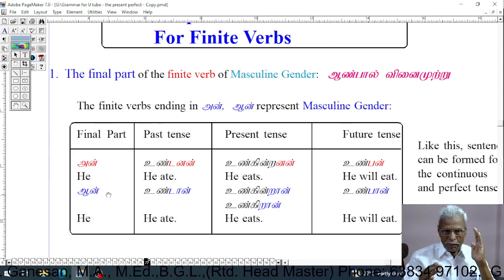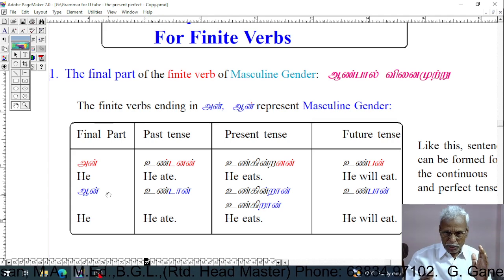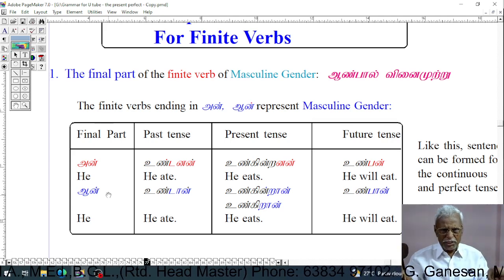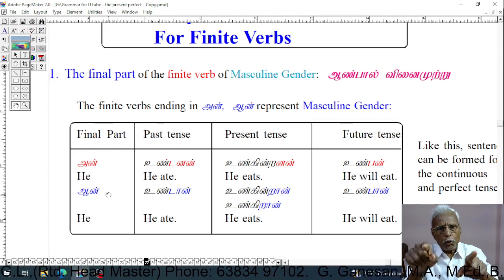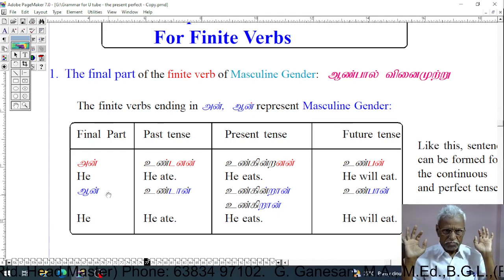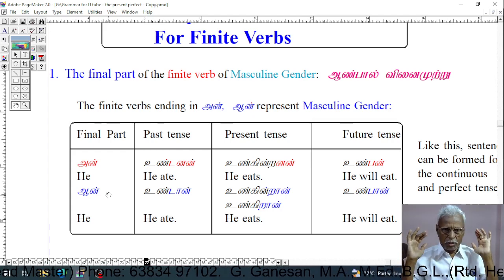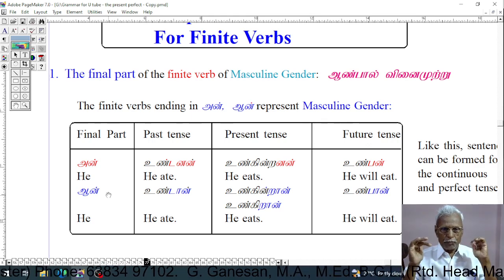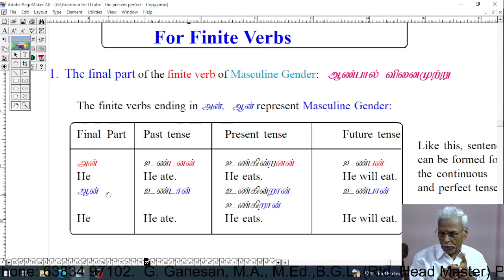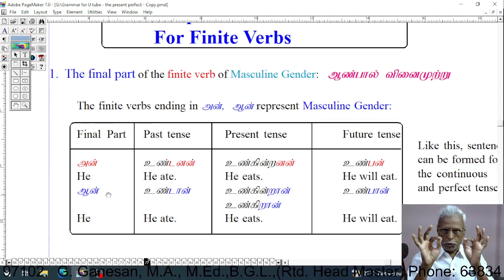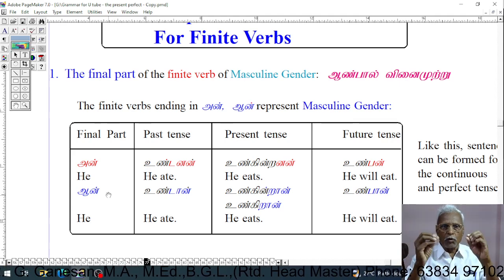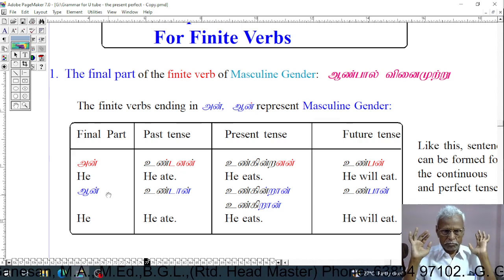In English, he ate, he eats, he will eat. But this undanan, ungindanan, unbanan is used only in poetry, not in normal use. In normal use, at the final part, on is used. On only is used in ordinary speech and writing.